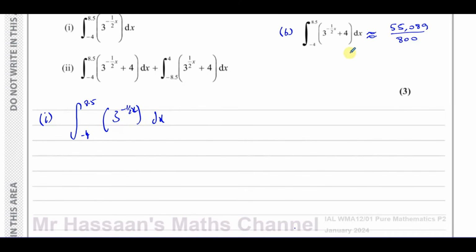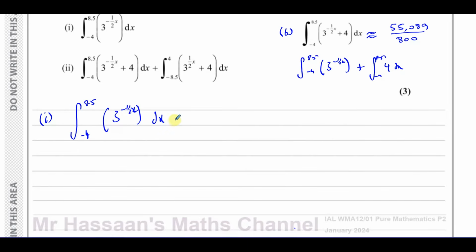Now, if you compare that to what we have here, okay, what we have here can be split up into 2 parts. I can split this up into 2 parts. I can say this is the same as the integral between minus 4 and 8.5 of 3 to the power of minus a half x plus the integral between minus 4 and 8.5 of 4 with respect to x.